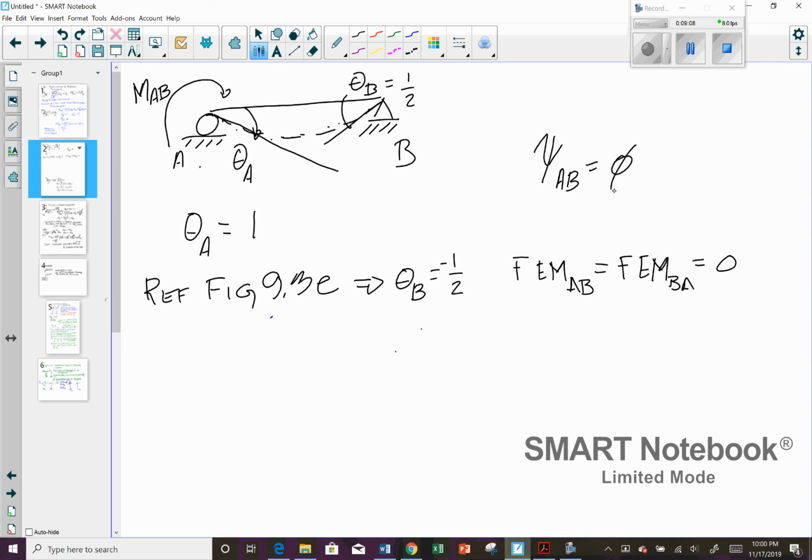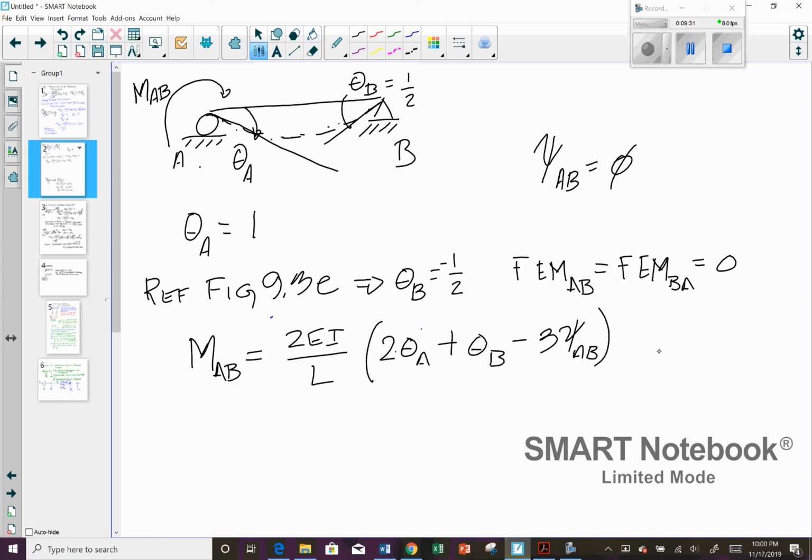So now let's plug this into our slope deflection equation. MAB is equal to 2EI over L times 2 theta A plus theta B minus 3 psi AB plus FEM. And this guy is 0.